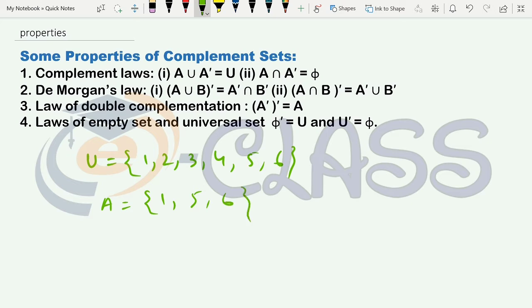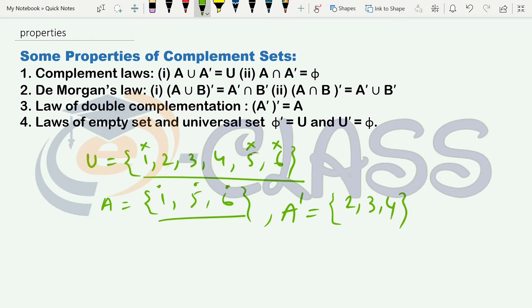The complement of A contains the elements which belong to U but do not belong to A. So we cross 1, 5 and 6, and the elements of A dash are 2, 3 and 4.